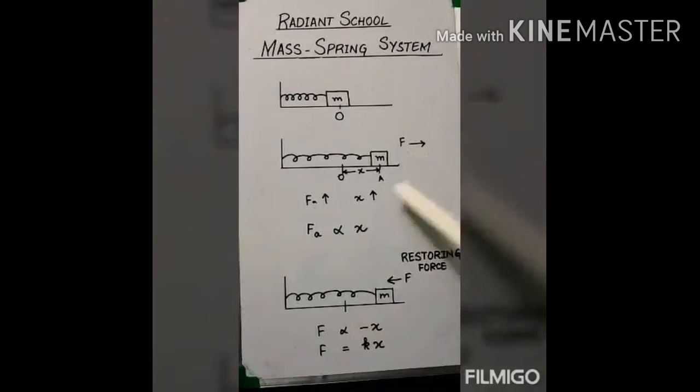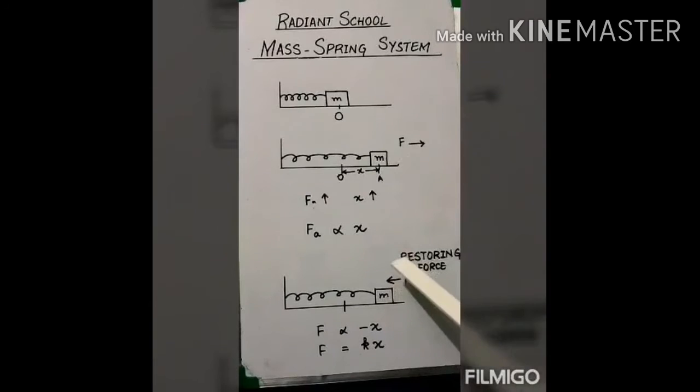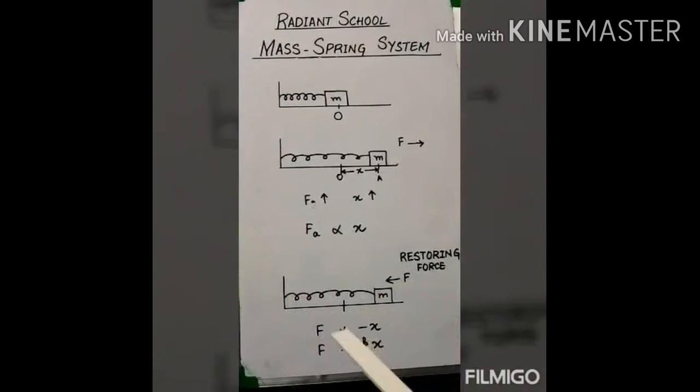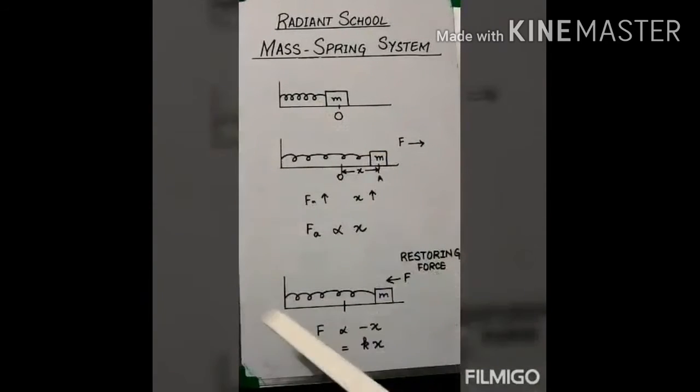As soon as I release my applied force at this point, a reaction will be generated in this mass spring system. Why? Common sense: whenever we stretch or compress any spring, because of elasticity it wants to come back to its original shape which was at the start.